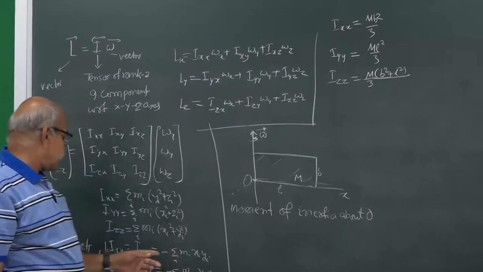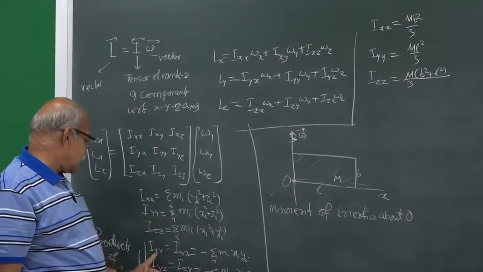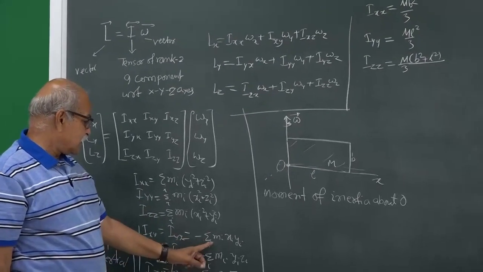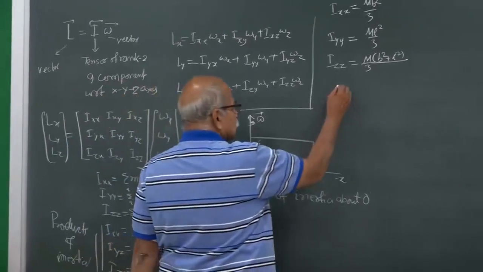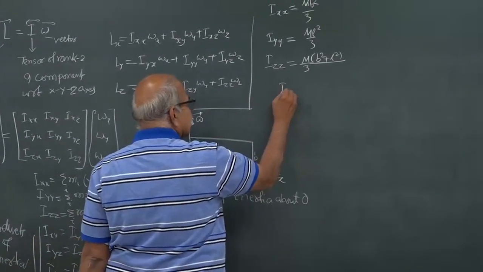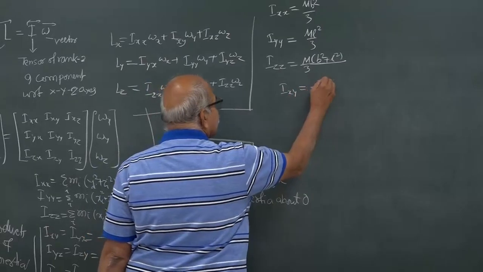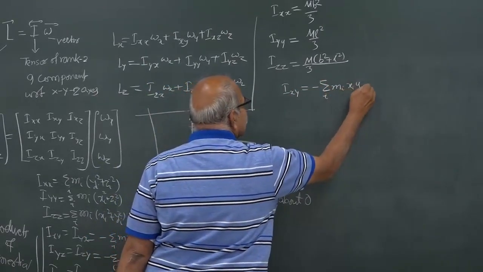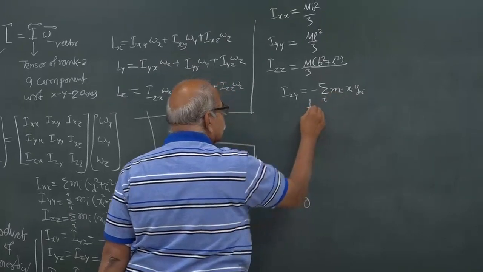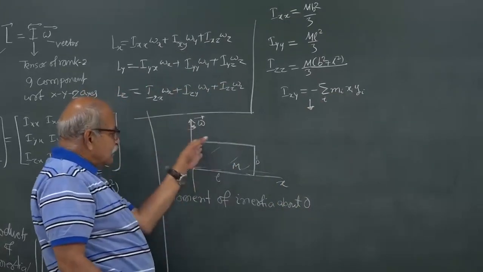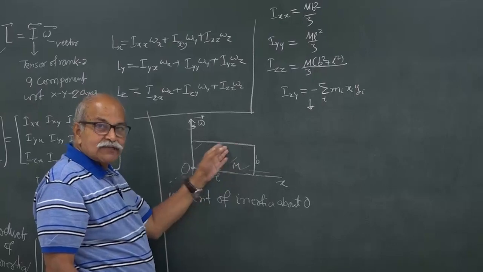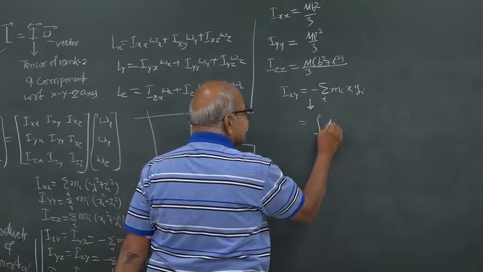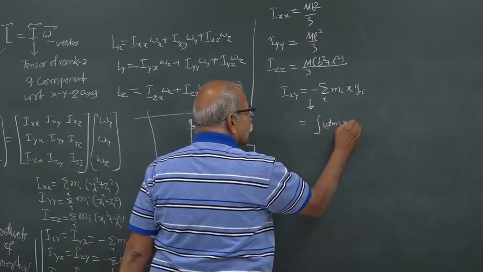Now comes the other factors, Ixy. What is Ixy? Here Ixy is equal to Iyx, which is equal to minus summation over i of mi xi yi. So, we define Ixy as minus summation of mi xi yi, and for continuous bodies you do not have separate particles, so you cannot do this summation, this is integration of dm x into y.